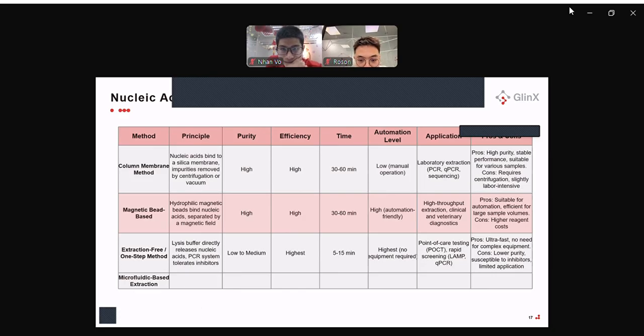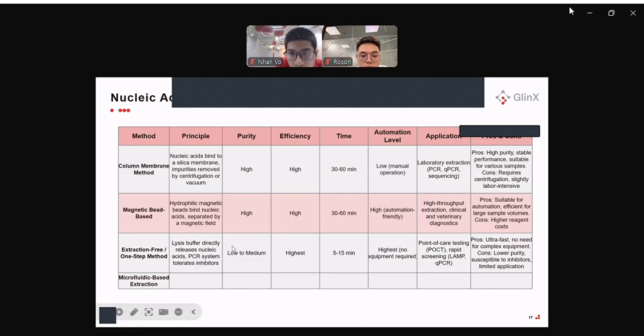They only use the lysis buffer to directly release the nucleic acids, which is the first part of the magnetic beads method, and then they do not extract anymore, and they ignore the impurities within the lysate and directly put the sample into the PCR machine to conduct the test.